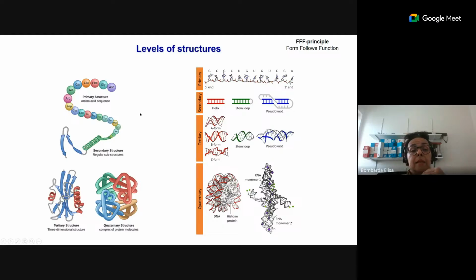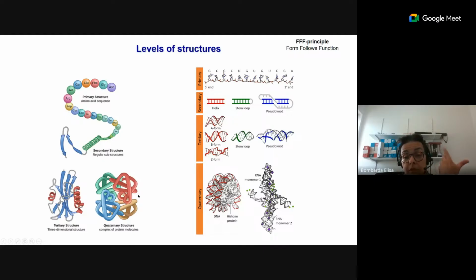And then they organize in a secondary structure: for the protein, the alpha helix, the beta sheet, and for the nucleic acid, for example, the double helix, the stem loop, etc. Then you can have a tertiary structure, a three-dimensional one. So it's how, in space, the secondary structure is organized.